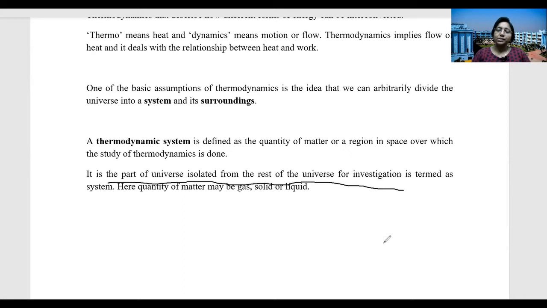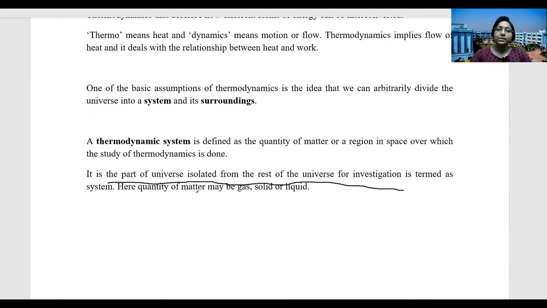We can consider a system in different ways. If we consider a small room, like my room, as the system, then the boundary will be our wall. If we consider my system to be the total house, then also we can consider the system in this way.